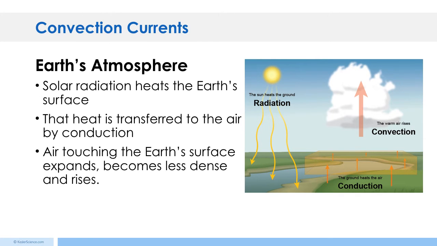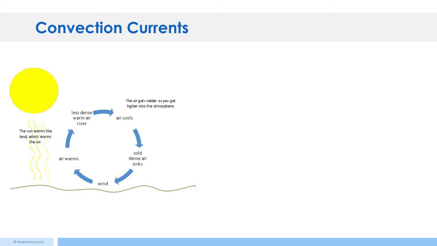So the air touching the Earth's surface expands because we know that when it gets warmer, the molecules move a little faster, it starts to expand, it becomes less dense. Less dense things rise up, more dense things sink down, and we end up with convection currents within our atmosphere.